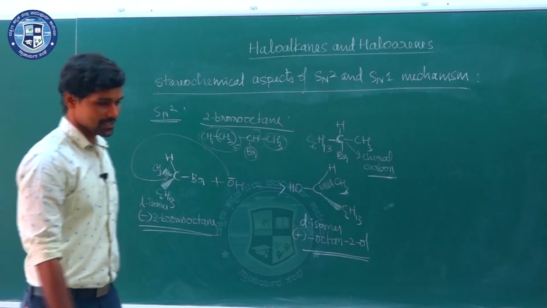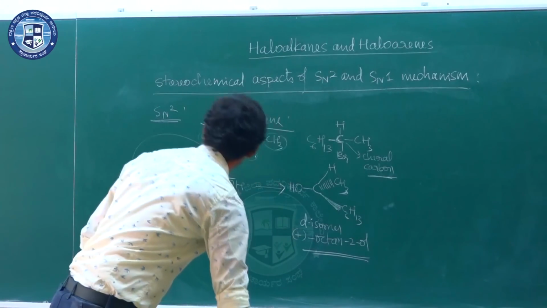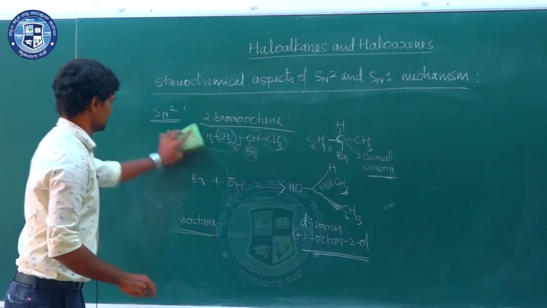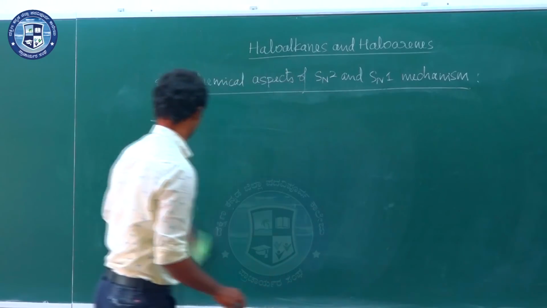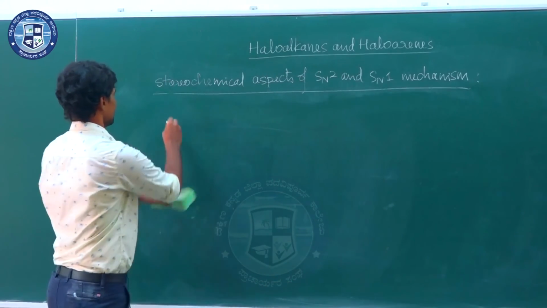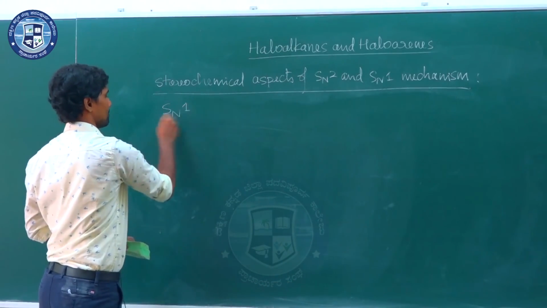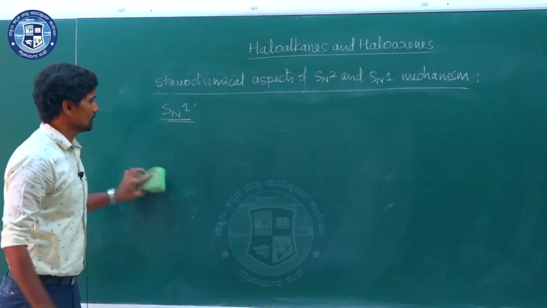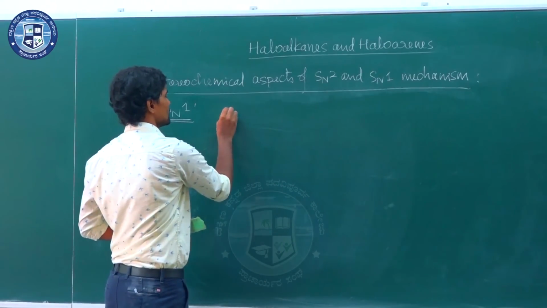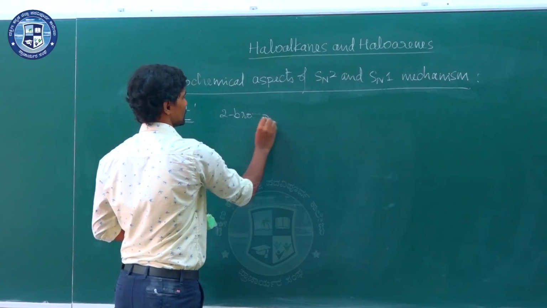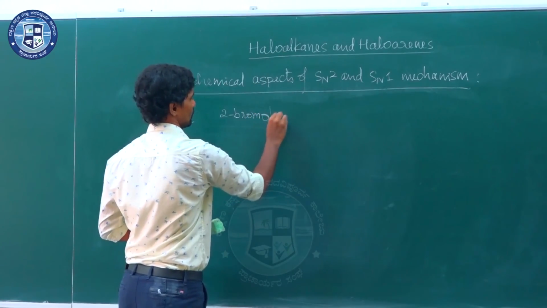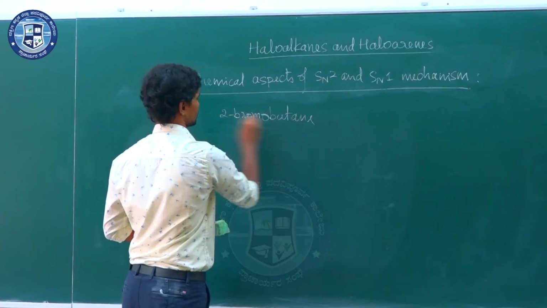Then we will go for the SN1 mechanism. What happens during the SN1 mechanism? Take SN1. We will understand the example of 2-bromobutane.